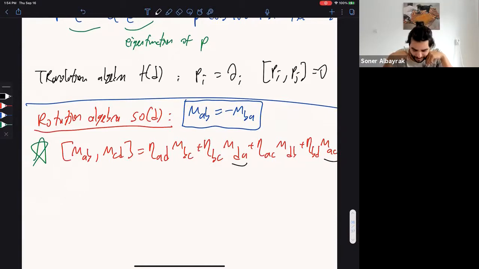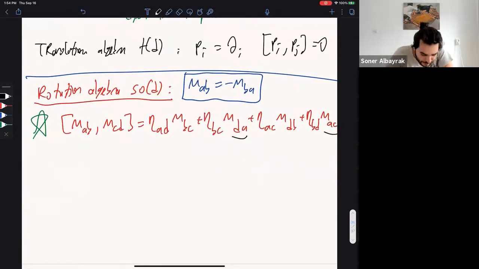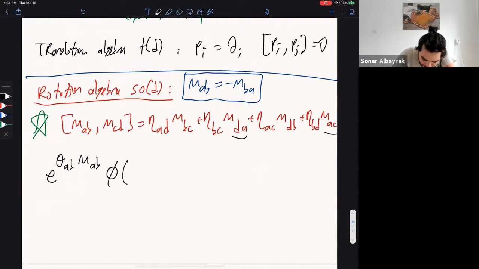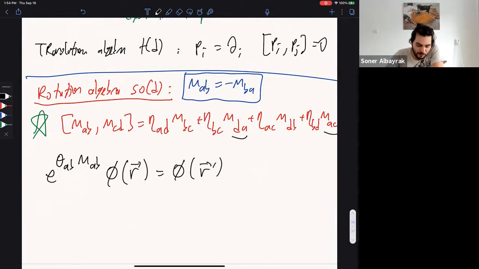Anyway. Okay. So as I was saying, we want to find the differential representation for these generators. So I want to have something, let's say, some theta AB times MAB. It acts on a vector R, and it rotates it to R prime, right? And I want to find how we can find MAB.